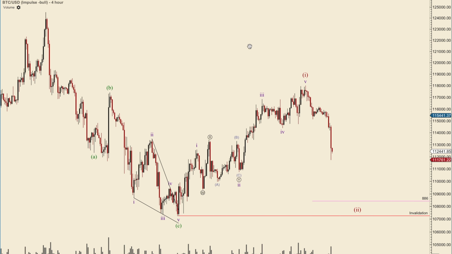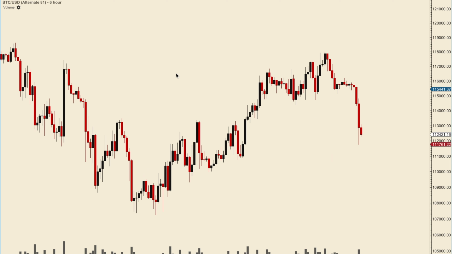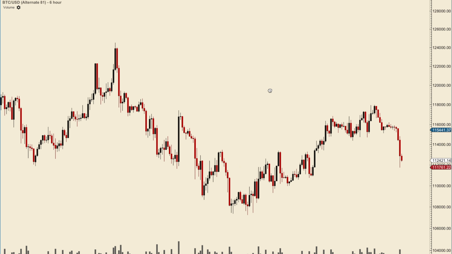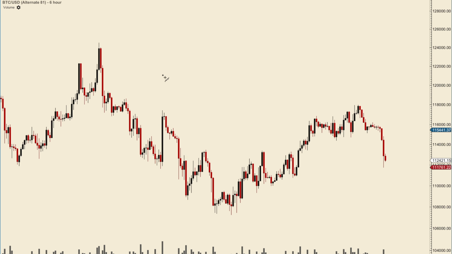Because the impulse down, you can't really count it anyway now as an impulse down. Because if you see here, if I'm going to do it on a clean chart, if you were to count it like 1, 2, 3, you can't have a 4 here because it takes out wave 2's origin. So you can't count it like that.